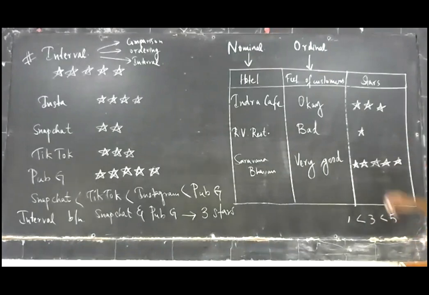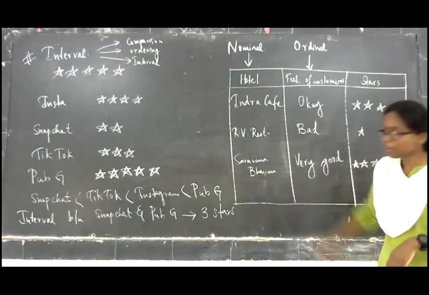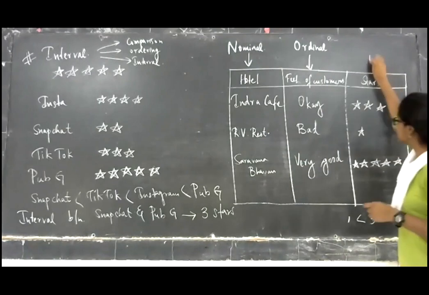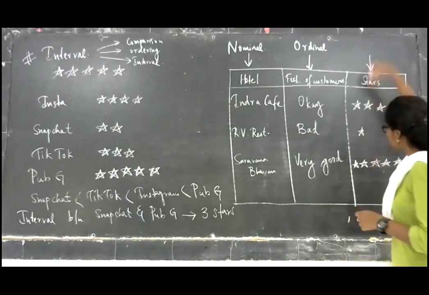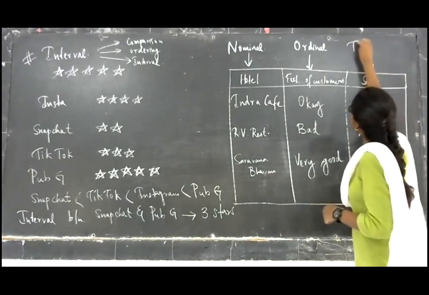At the same time, you can see the difference between RV Restaurant stars and Sarana Bhavan stars, which is 4 stars. Since you can see the difference, you would call this data, the number of stars, interval data.